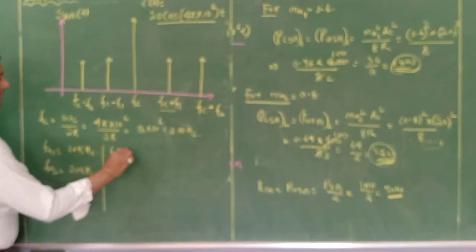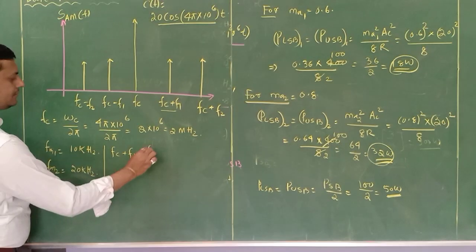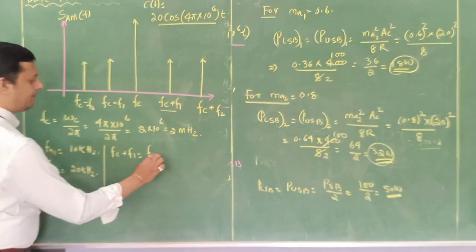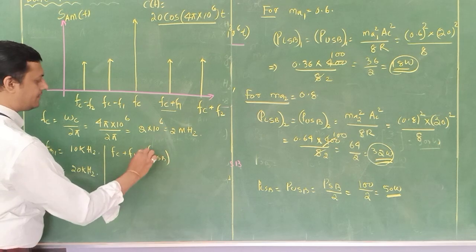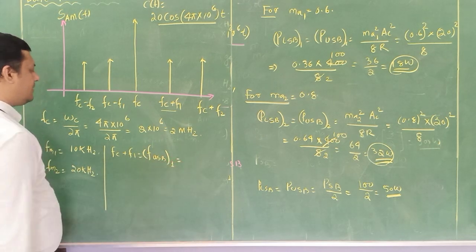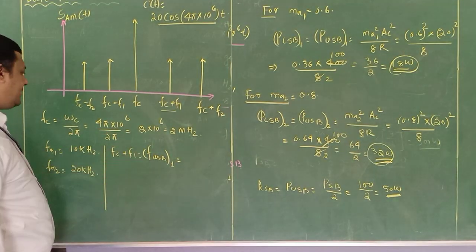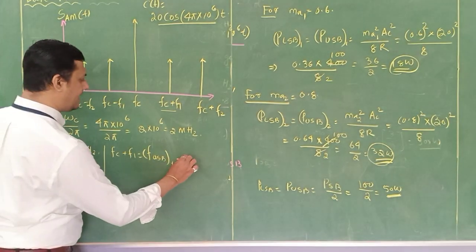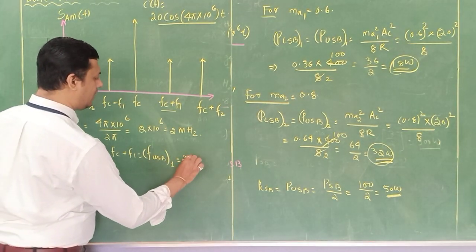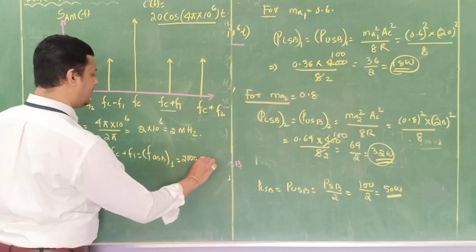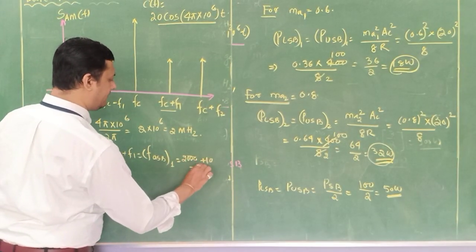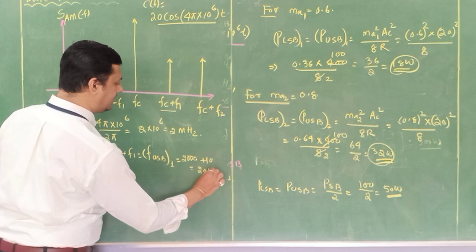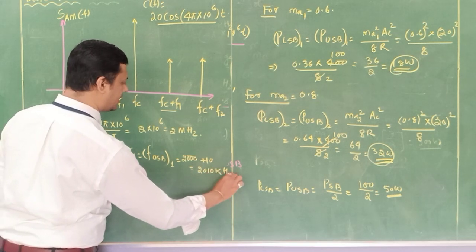So Fc plus F1, that means upper sideband 1. Fc is how much? 2 megahertz. F1 is how much? 10 kilohertz. Here I can write 2000 kilohertz plus 10, we will get 2010 kilohertz.